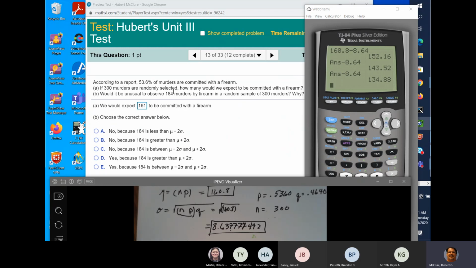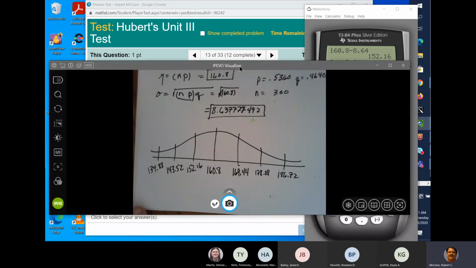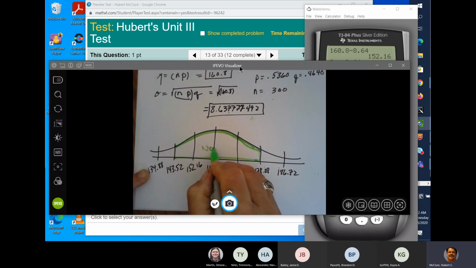Well, 184, let's go ahead and put, we know that this is 2 standard deviations, and we've been doing this from the beginning with the empirical rule, which is unit 1. So I don't want anybody acting like they don't know what this is. That's normal, and then this is unusual.